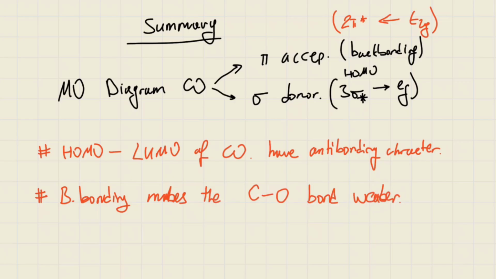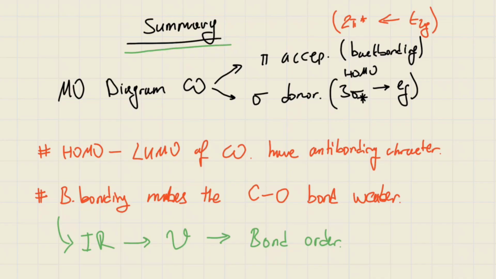I think this is the other important information, and we observe them in infrared spectroscopy. Infrared spectroscopy shows stretches. Stretches give information about the bond order, and we can predict what is happening in the molecules. So in this video you saw that infrared spectroscopy is a very useful technique for organometallic compounds.